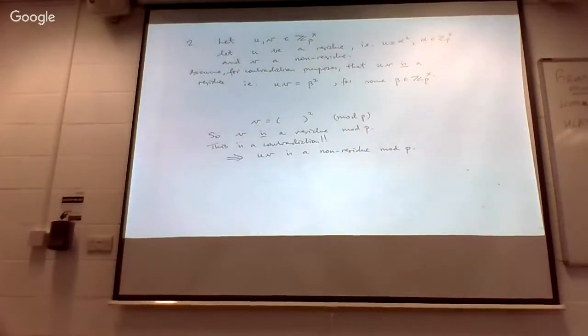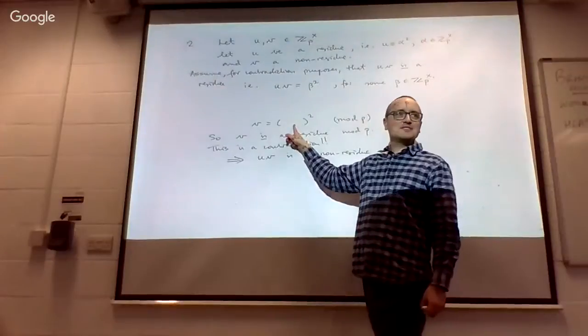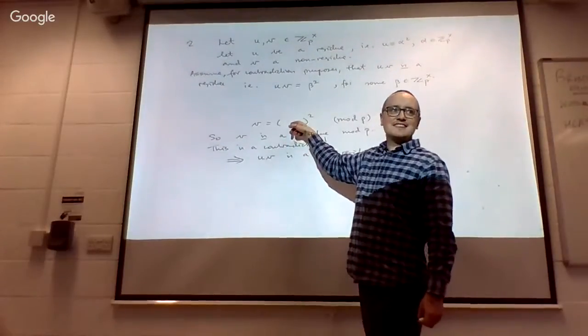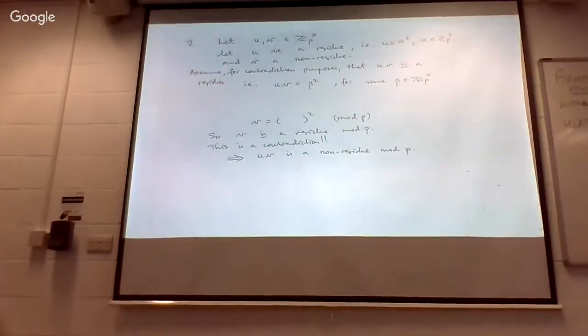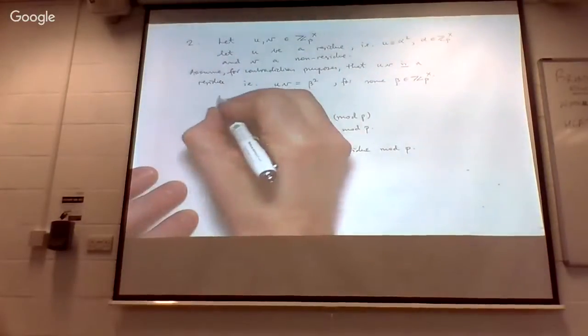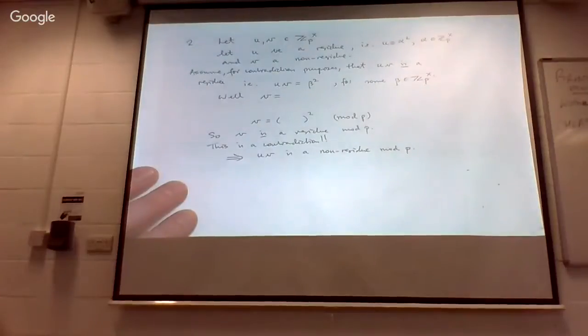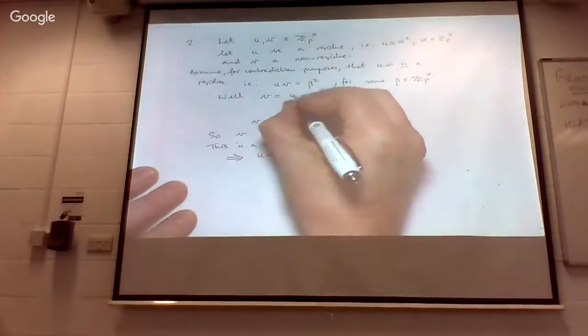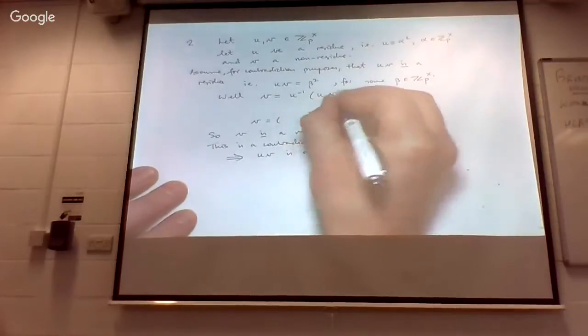No. Clearly, you said some very relevant words, multiplicative inverse. So what goes inside the bracket? V is U inverse times UV.